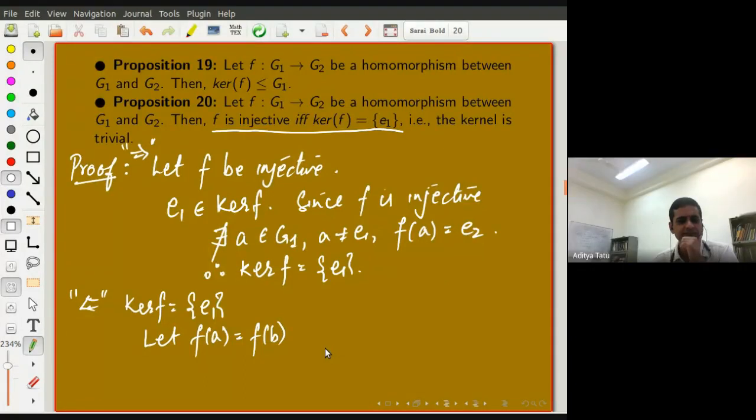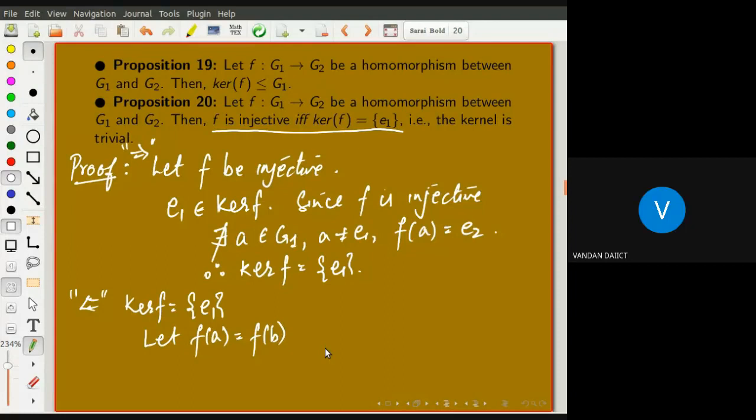Okay. Then why do you want that? We know that A dot C equals B. Then F of A dot C will equal F of B. Why?